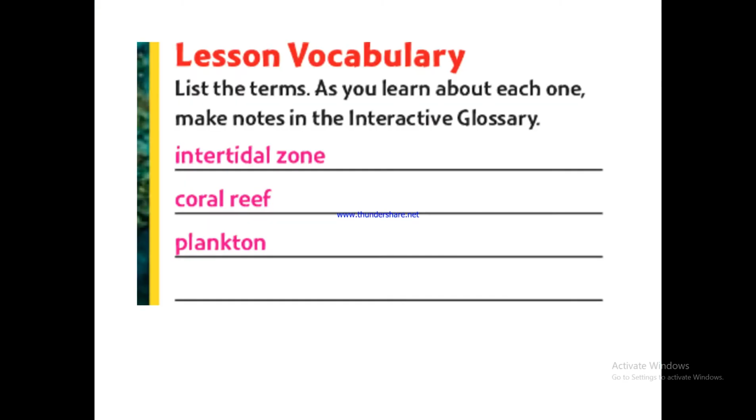Our lesson vocabulary is intertidal zone, coral reef, and plankton. You all know coral reef and plankton. Intertidal zone is a new vocabulary for you.